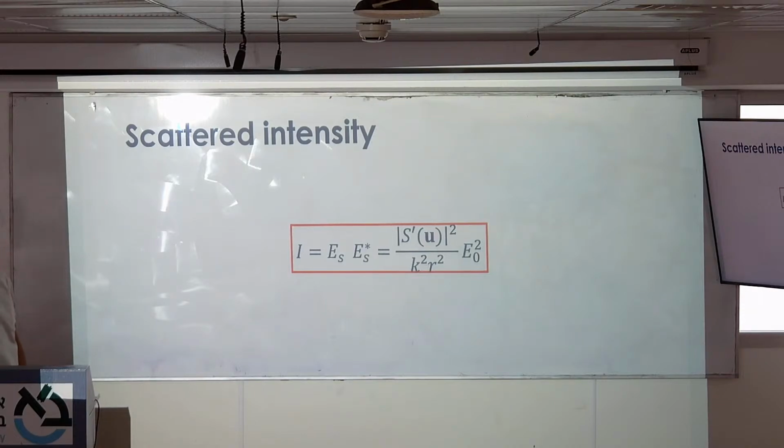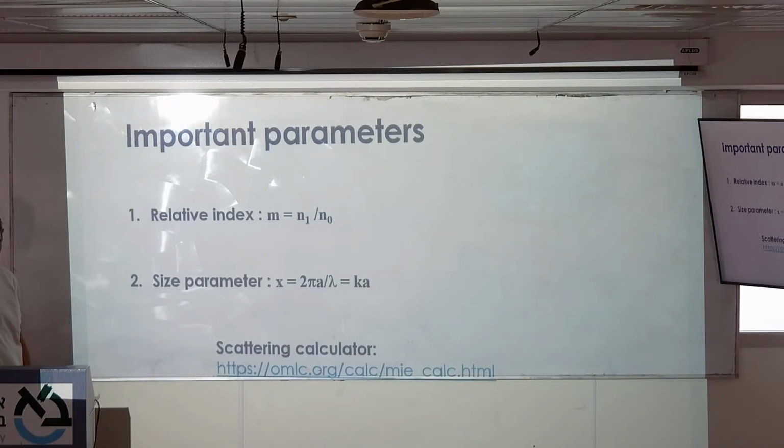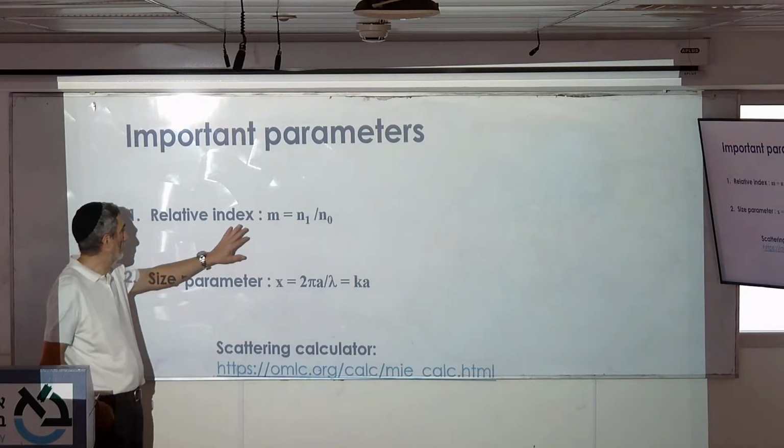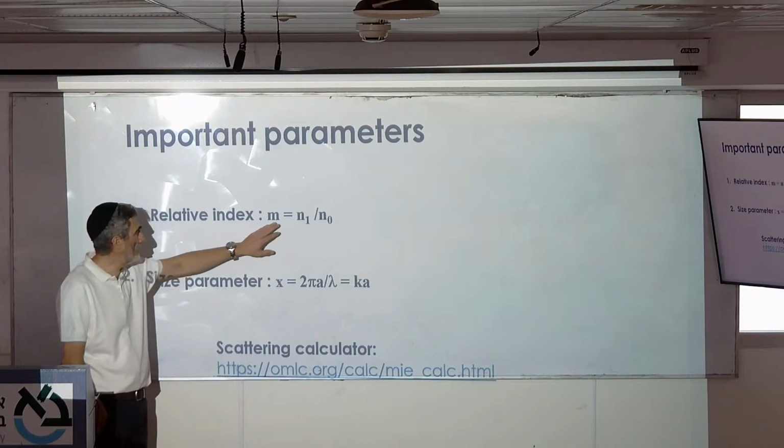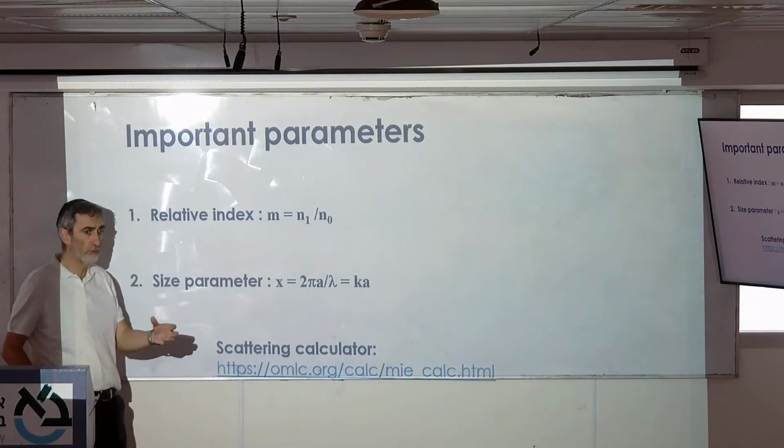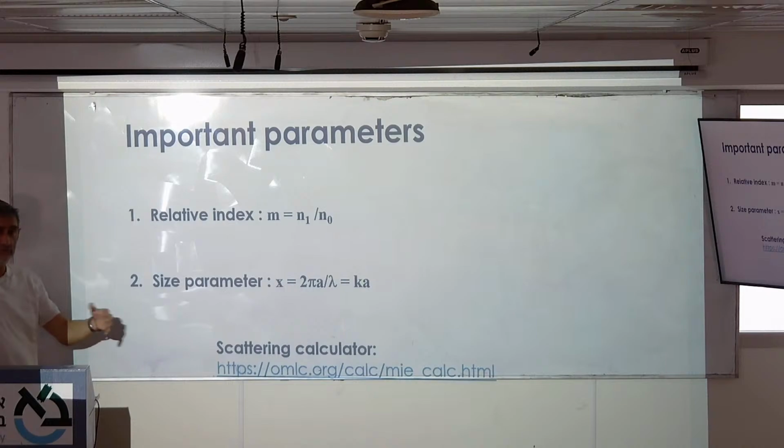So we have seen the scattering amplitude, the scattered intensity, important parameters. What needs to be defined here is the ratio of the index of the scatterer compared to the environment.